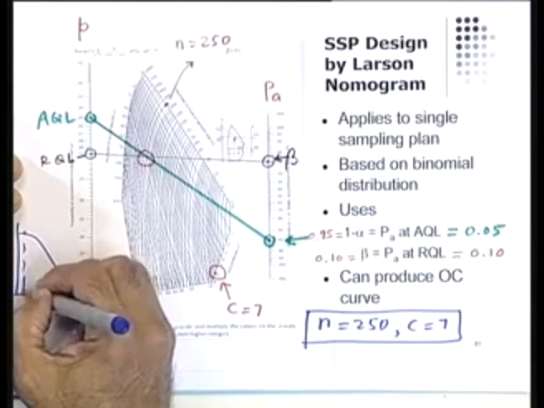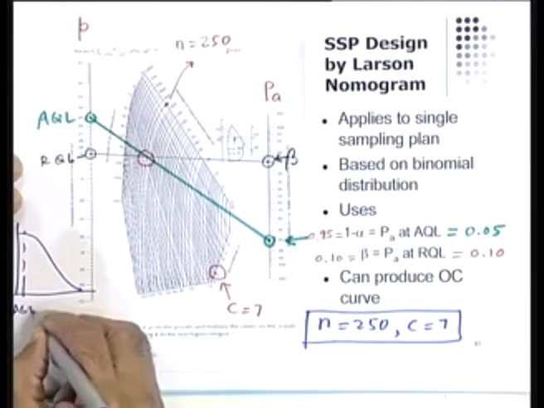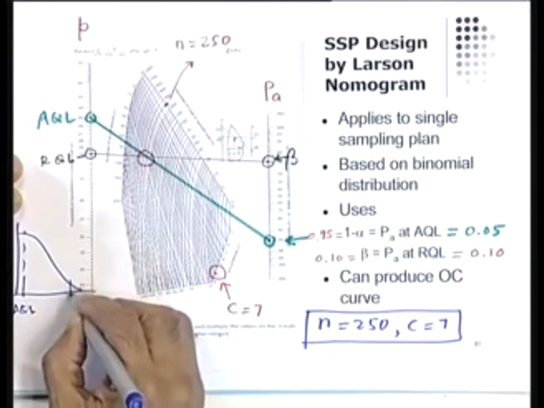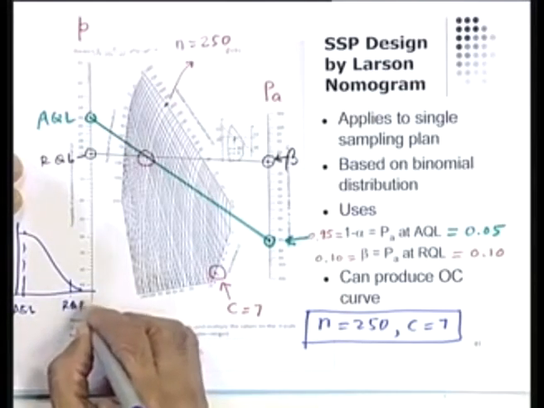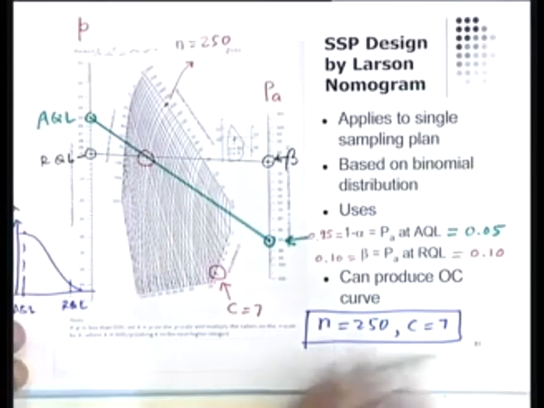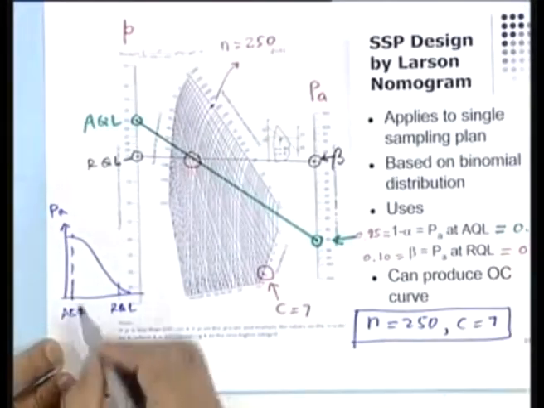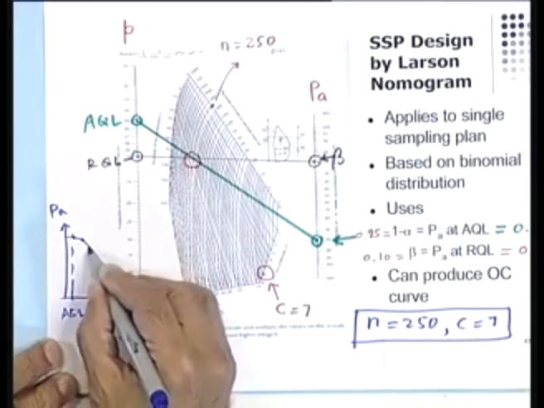It will start at some point which is like AQL. It will end at some point which is RQL. And on this side I'll have PA. And to just make sure that you are able to see it, there is my OC curve. And I found these points.